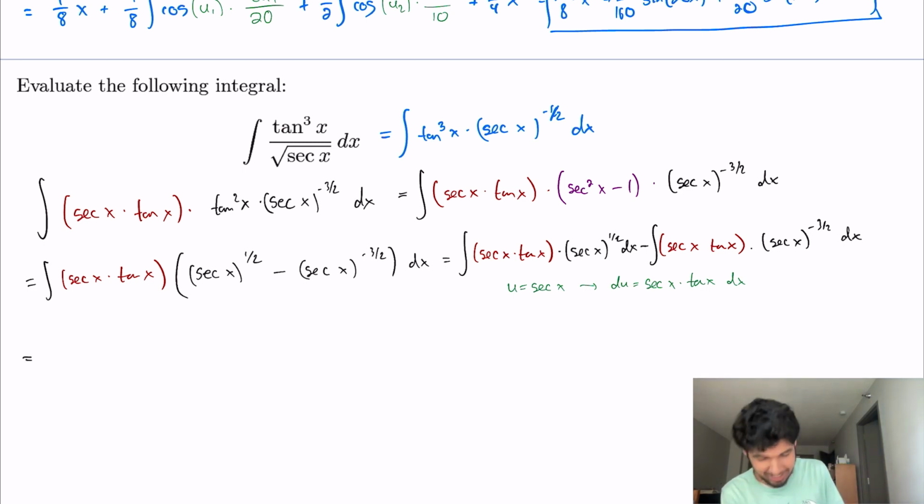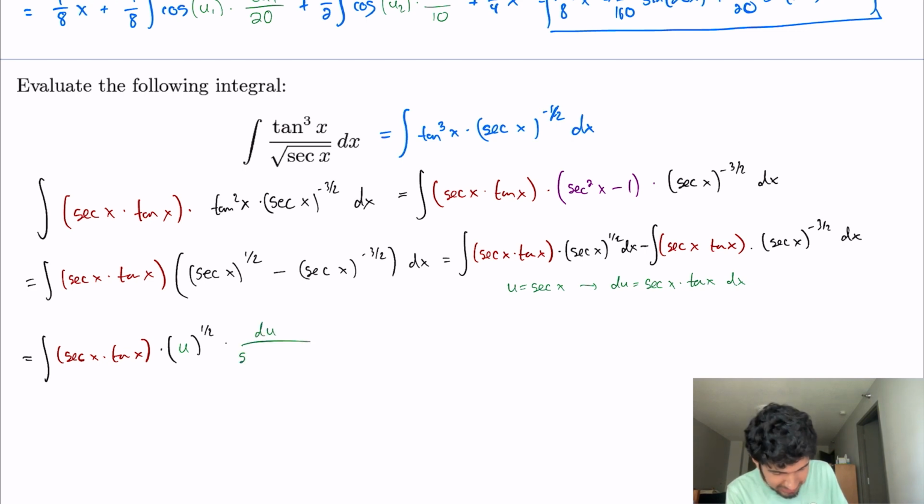So we get, I'm going to try to be good with the colors here, integral secant x times tangent of x, our saved term, multiplied with u to the 1/2, and now dx becomes du over secant x tangent x for the first integral.